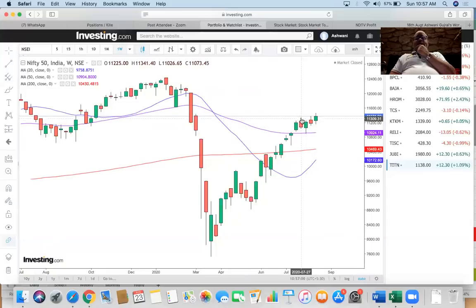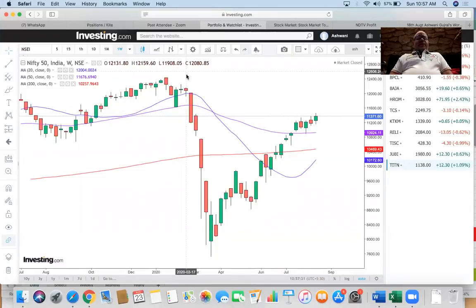The highs of both these bars is about 11,345, and this high here is about 11,370. So basically we can figure out that 11,350 to 370 is the upper end of this 4-bar consolidation.